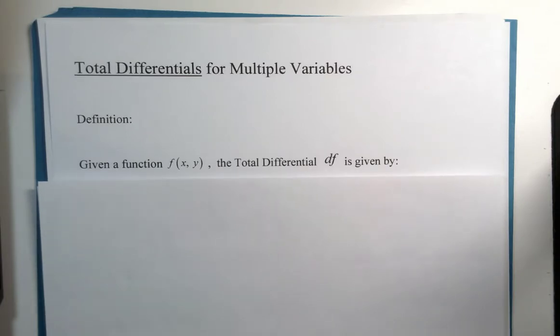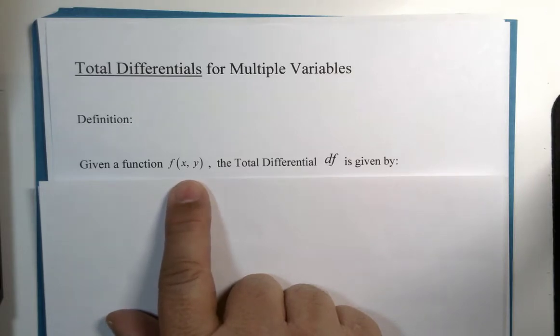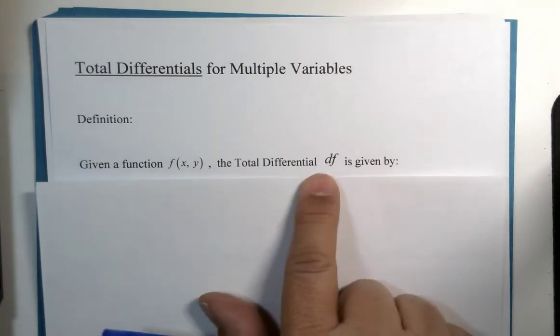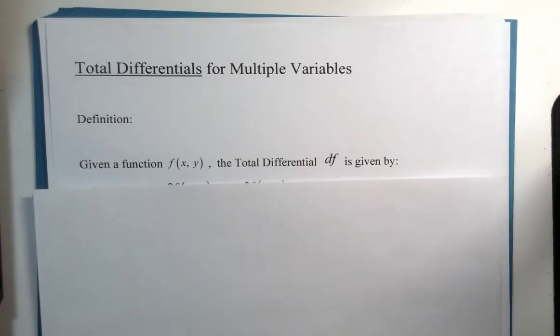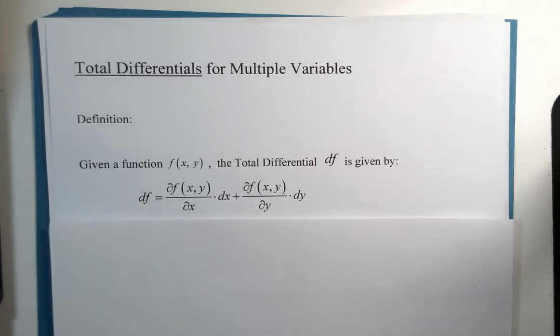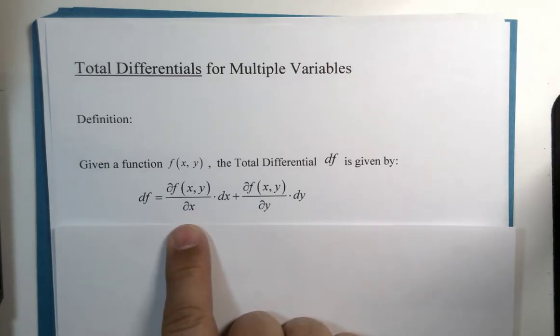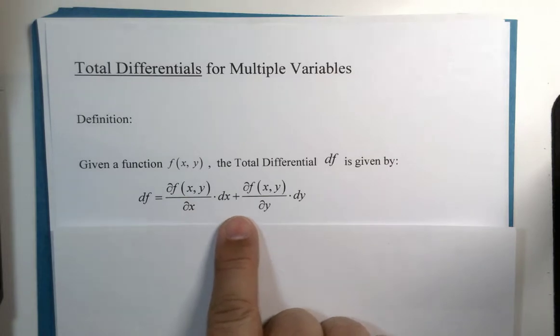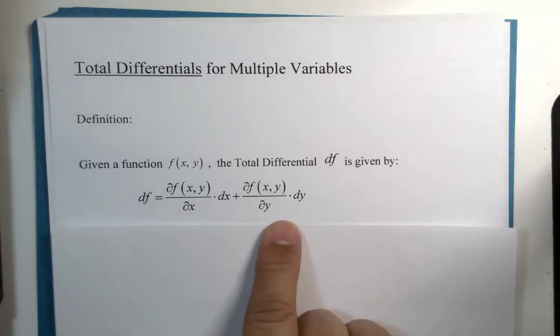And if we have a function, and I'm going to just set this up for two variables, the total differential, the notation for that is df. That's the regular letter D there, and is written more formally this way: the partial derivative with respect to x of the function multiplied by dx, plus the partial derivative of the function with respect to y multiplied by dy.